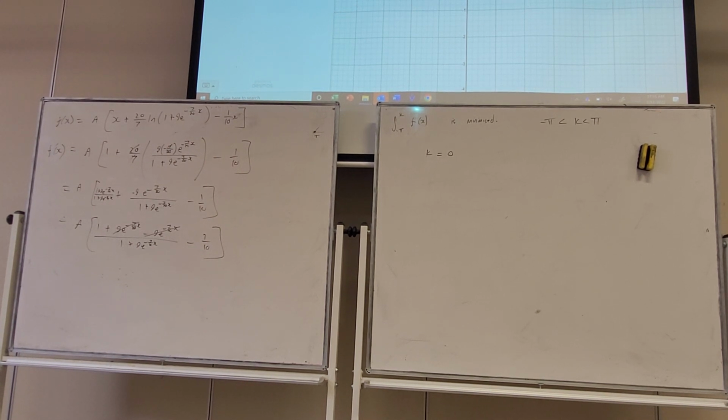We've got 0.09 x e to the power of minus 0.11 x. So our window is the same. Here we go from 0 to 20, and 0 to 4.